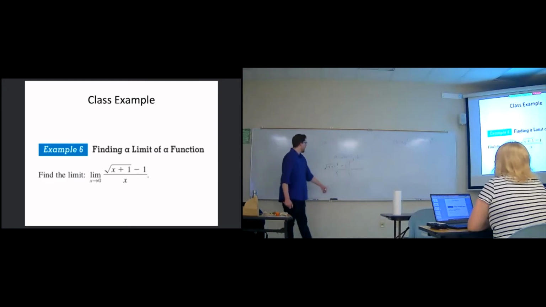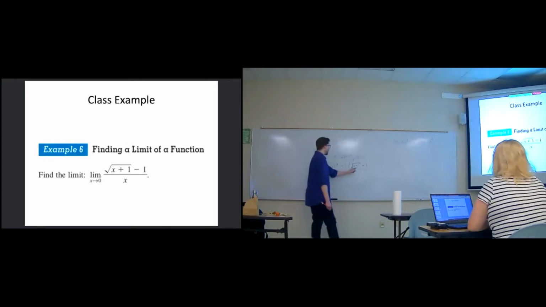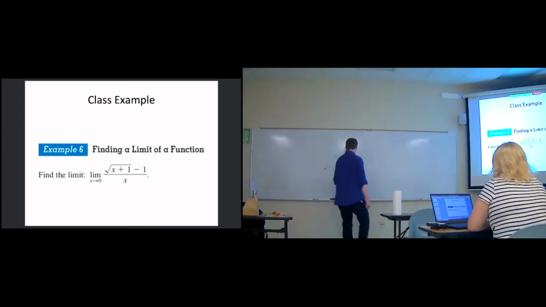But getting back to this problem, what we're going to do is choose our 1 to be represented by the square root of x plus 1, that quantity, plus 1 divided by itself. So that's just always going to be 1, right? It doesn't matter what happens. We're always going to have this canceling itself out.